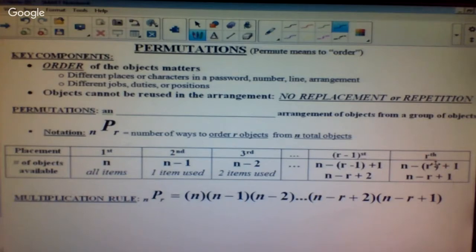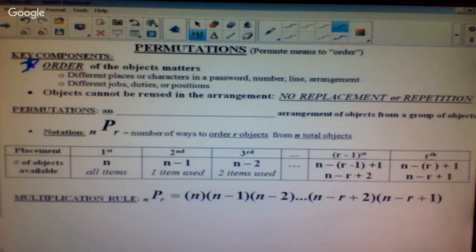Okay? So, we're looking at first, second, third place. We're looking at president, vice president, secretary, treasurer. Okay? One person's more important than the other. Key components. Order matters. Different places or characters in a password, number, line, or arrangement. Different jobs, duties, or positions.